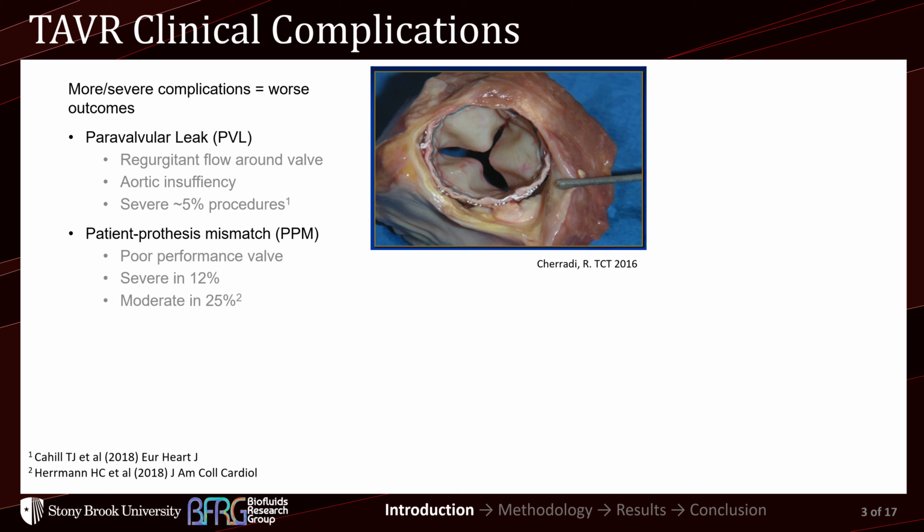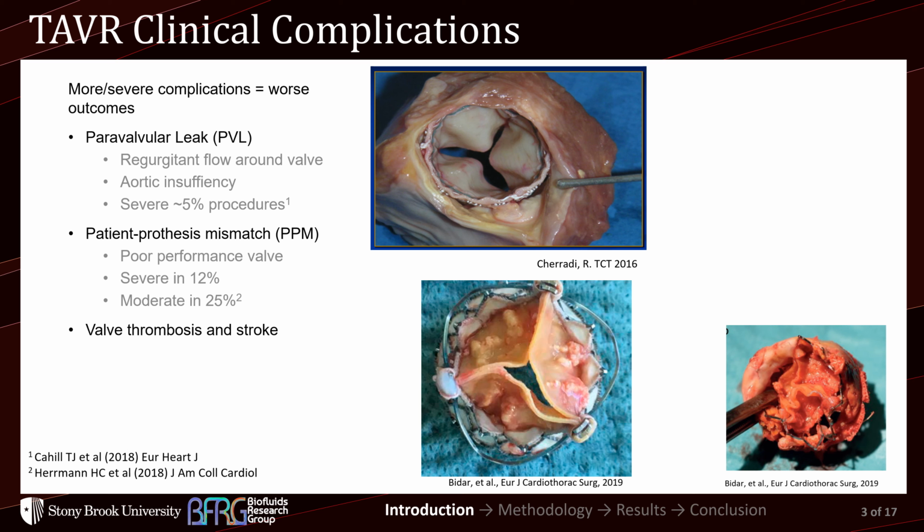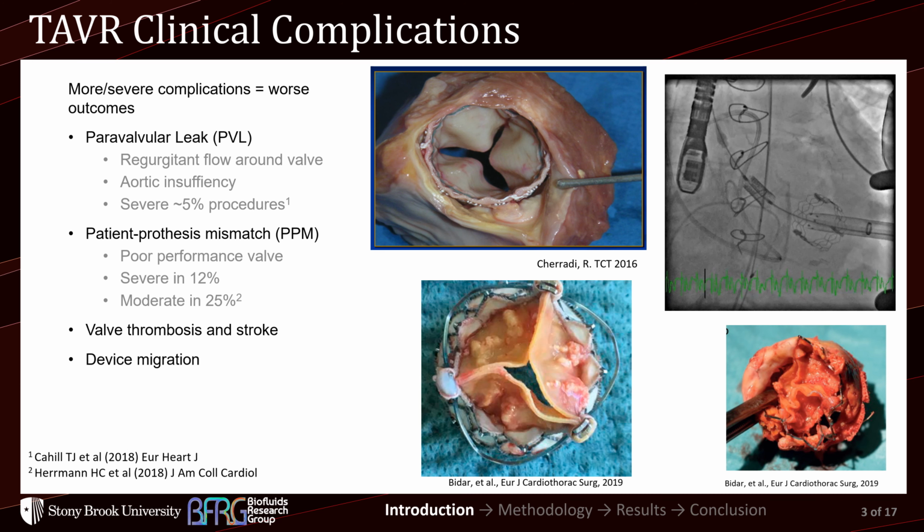Patient prosthesis mismatch means that the valve is supposed to perform at a certain rate and it winds up having a poorer performance, lesser performance, and this is generally associated with not matching the right size of valve to the patient. Thrombosis is becoming an increasing problem where actual activated platelets are depositing either on the leaflets or in between the leaflets and the native sinus, which then can lead to stroke.